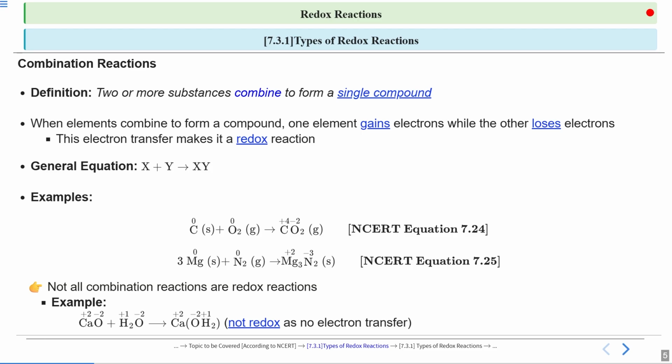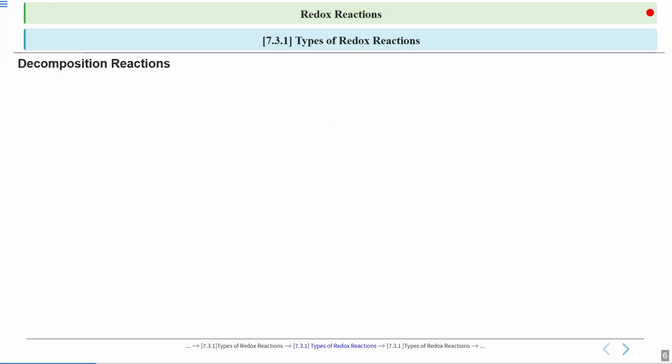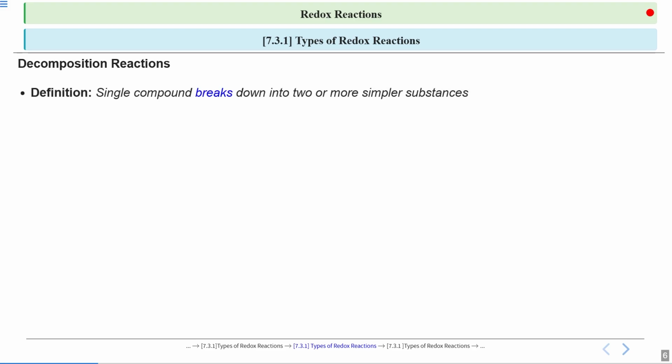Moving ahead to the next type of reaction, which is the decomposition reaction. So what are decomposition reactions? A single compound breaks down into two or more simpler substances. So by this line, we get an idea that decomposition reactions are the opposite of combination reactions.